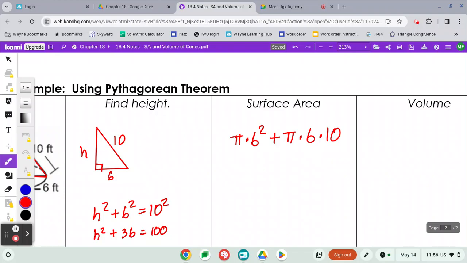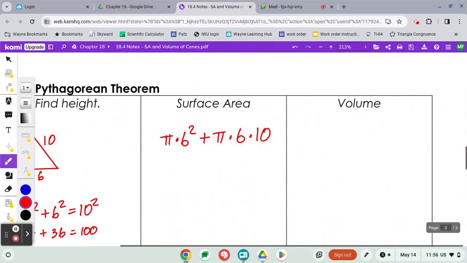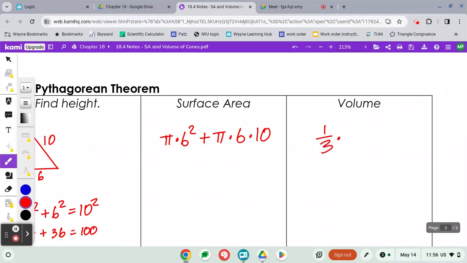So pi times radius squared plus pi times the radius times the slant height. Thank you. All right. Meanwhile, for our volume, what do we write? One third times 6 squared. Good.